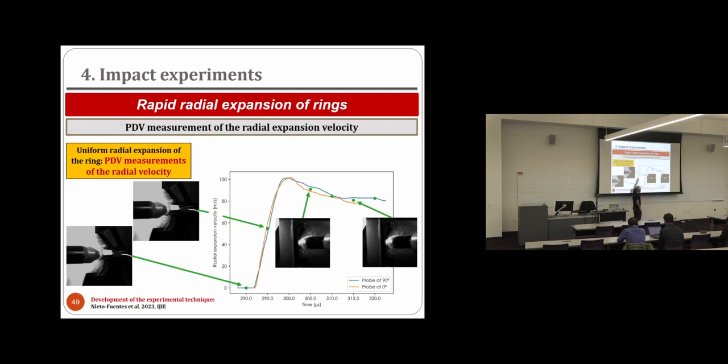What you can see here is the radial expansion velocity of the ring as a function of time, measured with two PDV probes, separated by about a 90 degree angle. The idea is that both of them should be very similar, because otherwise my experiment is not radial expansion, it's something else.